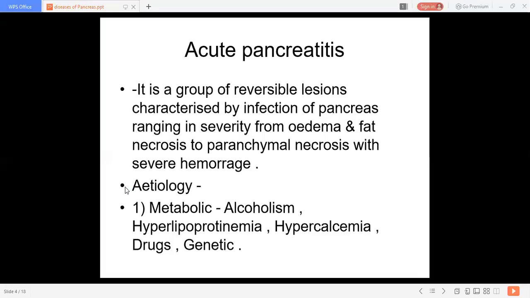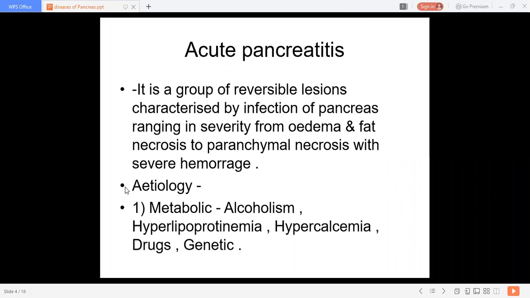It is characterized by inflammation of the pancreas ranging in severity from edema and fat necrosis up to parenchymal necrosis with severe hemorrhage. It is the ultimate complication of acute pancreatitis, that it may end with severe hemorrhage, and later on there is shock.